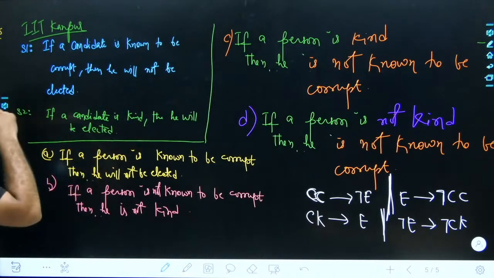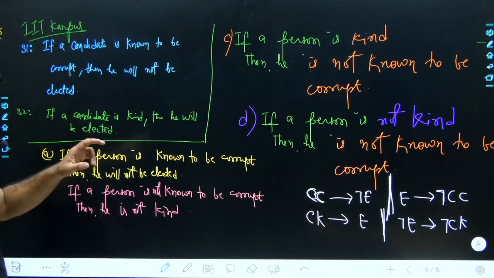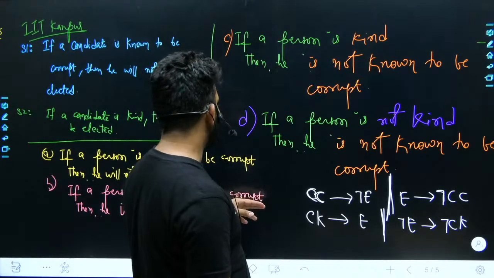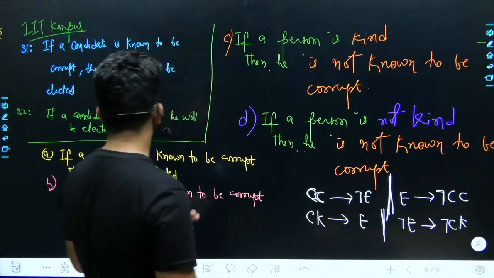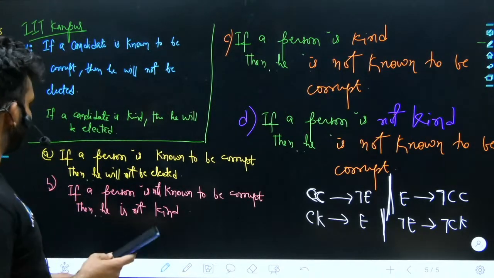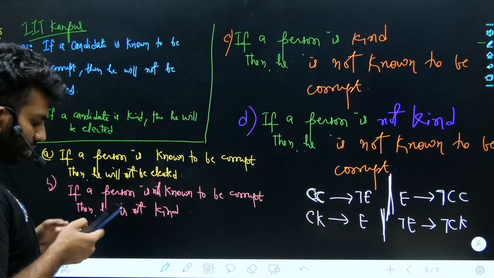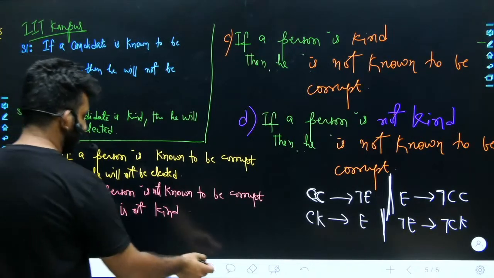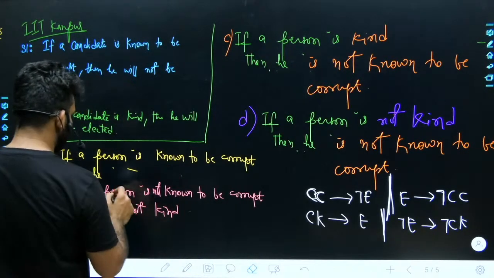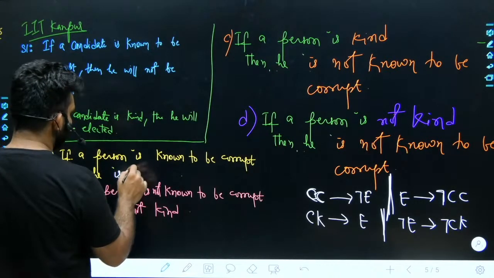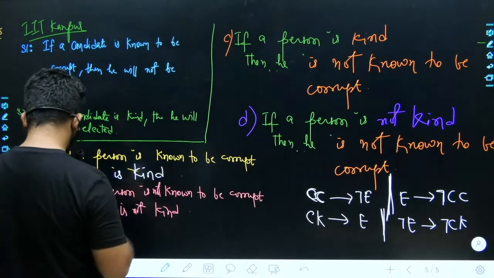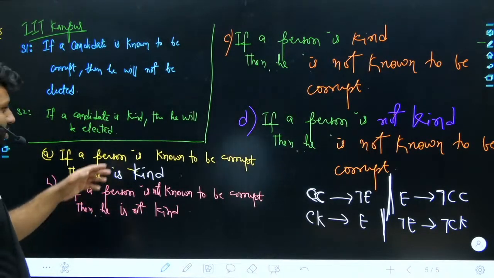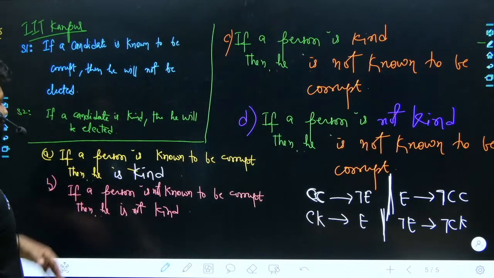If a person is known to be corrupt, then he will not be elected. This is like the first option. Now, if a person is known to be corrupt, he is kind: CC implies K. Is it so?